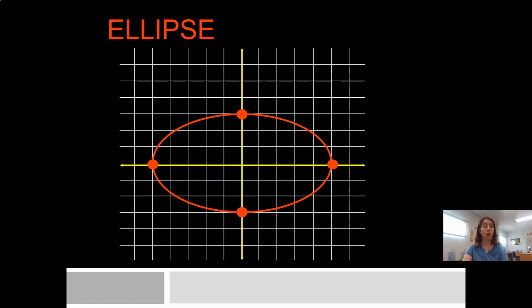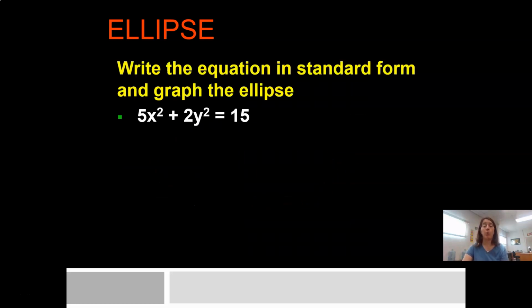Let's finish up today by looking at a question that's not equal to 1. We'll see how we put it in standard format first, and then, to finish up, how we correctly graph the ellipse. Well, what was the key characteristic? If an ellipse was in standard format, it had to be equal to 1. Something else that standard format has that this question does not currently have are fractions.